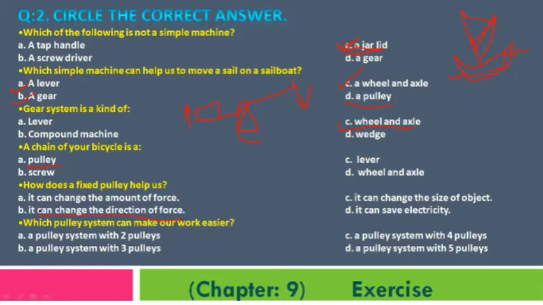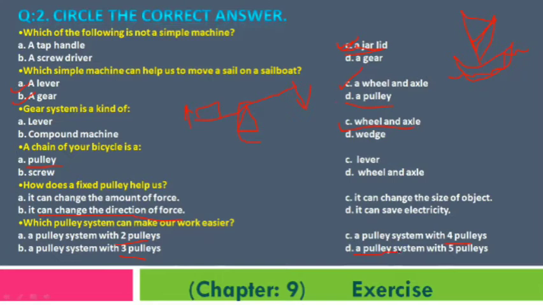Okay. The next one is, when can a pulley system make our work easier? A pulley system with two pulleys, three pulleys, four pulleys, or five pulleys. So what is the correct answer?